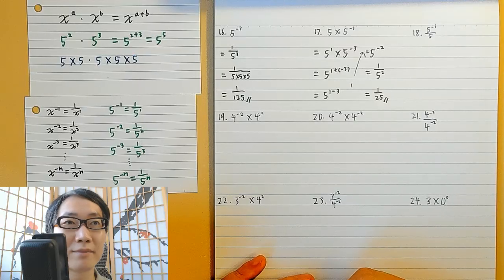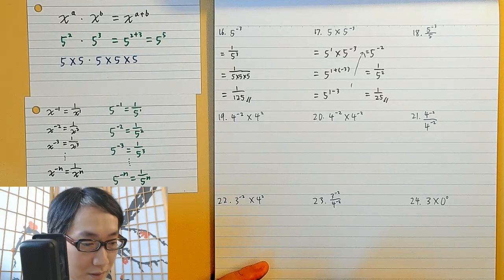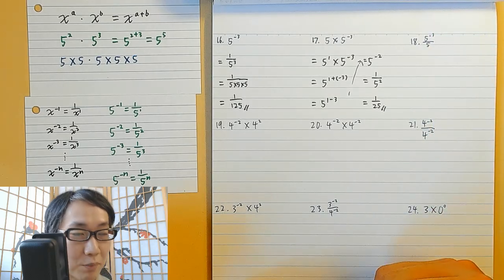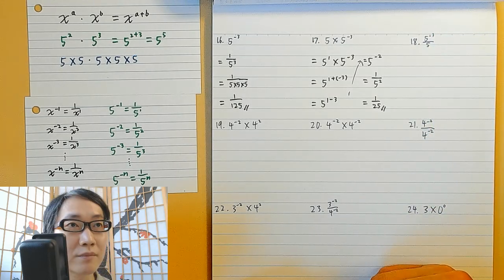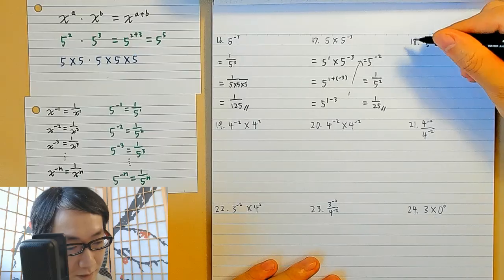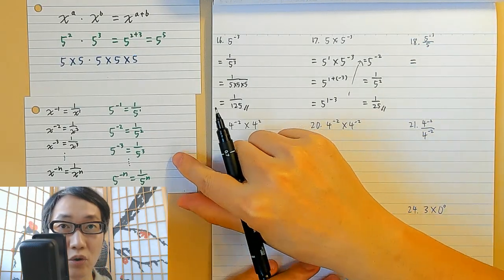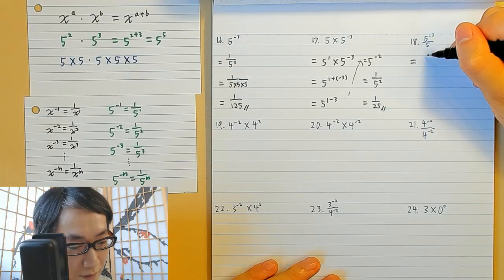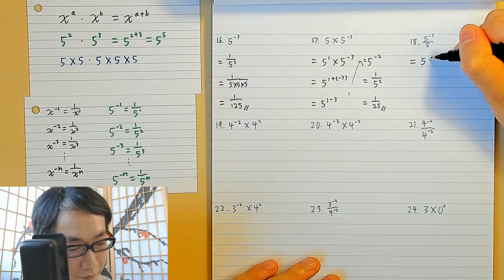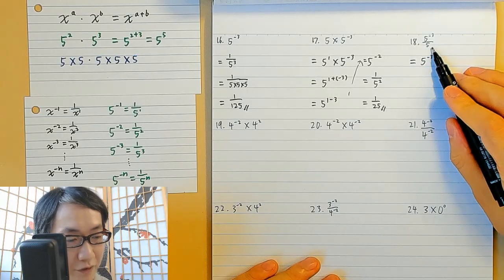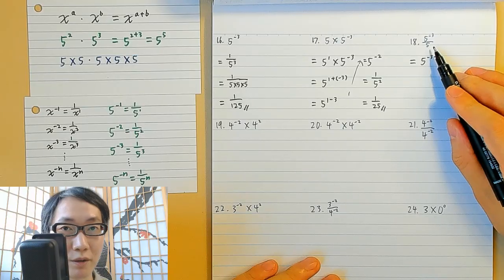Okay. And number 18. 5 to the power of -3 over 5 is equals to, using the lower rule, 5 to the power of -3 minus 1. Oh, because 5 is equivalent to 5 to the power of 1.